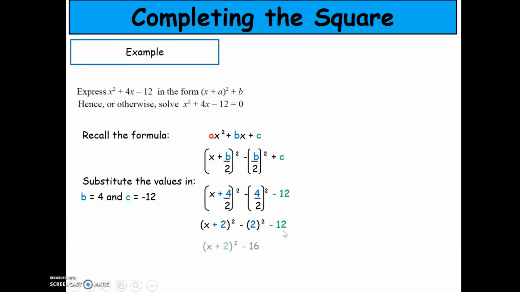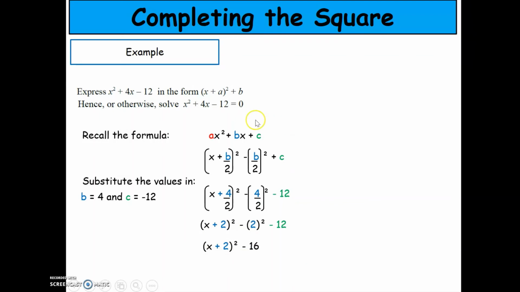So we are going to tidy this up. We work out minus 4 and minus 12, which is going to give us minus 16. So we have now managed to complete the square.